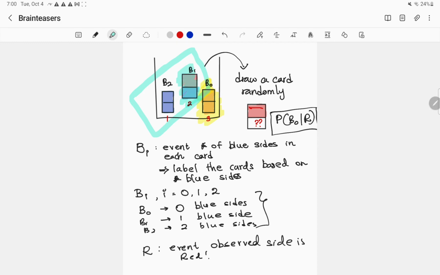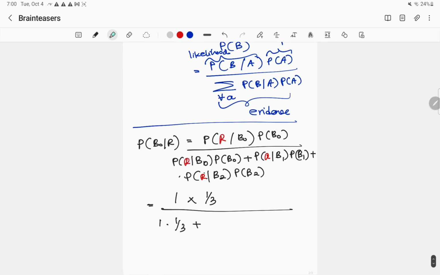It is this card. So let's go down and plug it here: 1/2 times the probability of B1. It means that of all three cards, there's only one card having only one blue side, so it is 1/3. And the next one is the probability of having one side red while the two sides are blue.